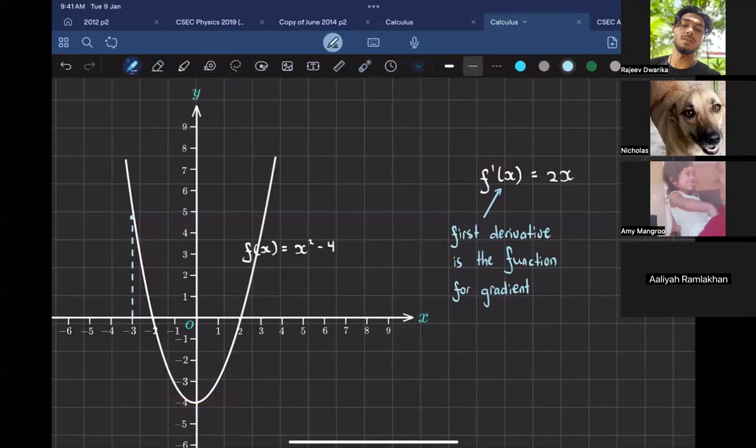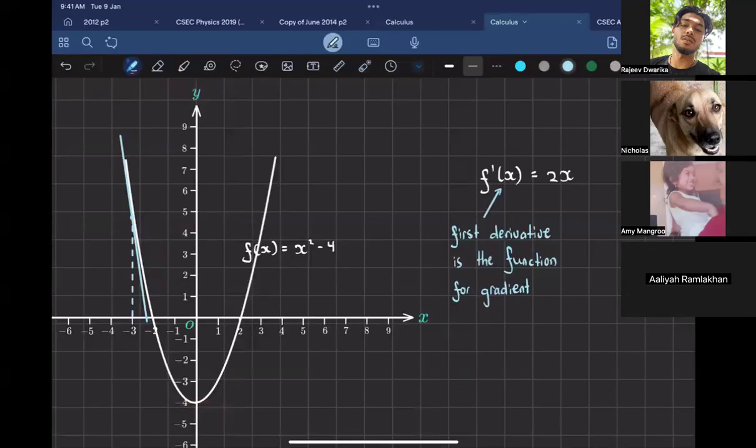So if I want to figure out the gradient at x is equal to -3, this is how it would look if you weren't doing hard maths. You would have to draw a tangent to the point and find the gradient of this line.